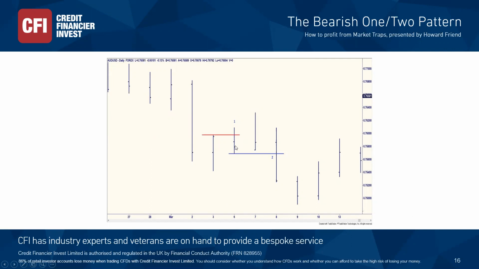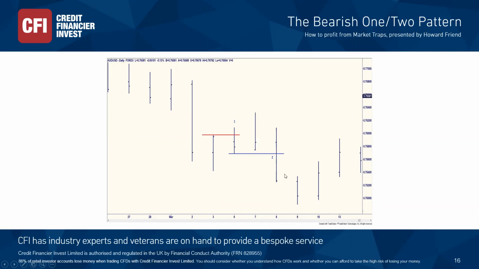Now, most of the time, the market doesn't break it on the next bar. It very often takes another 1 or 2 bars to do it, as is the case here. So at the end of this bar, we can now move up the 2-bar low to here. The sell trigger has gone up from this point to this point, and it breaks through on the next bar. We can sell it here, the break of the blue line, and down it goes.